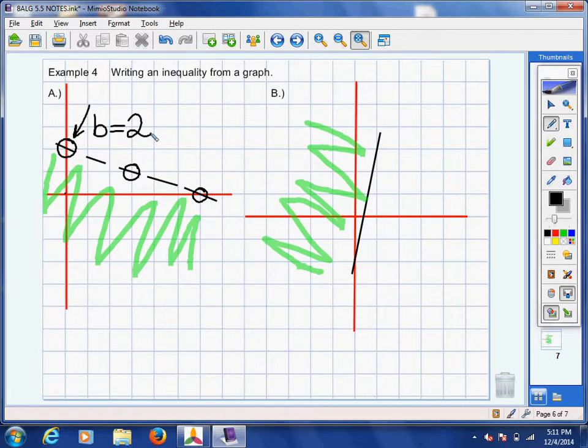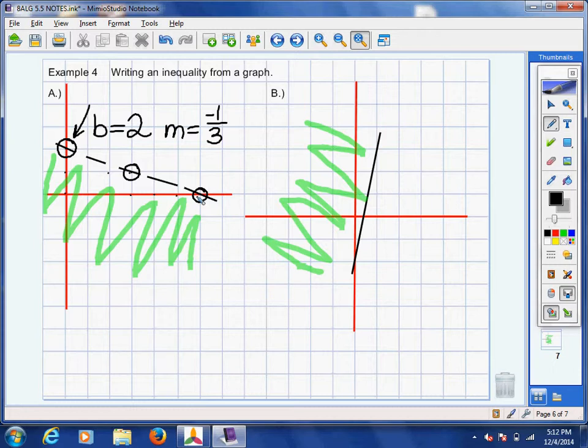Now, the other thing that we need is we need to find the slope, to calculate the slope. Pick any 2 points. You could start here at the 2 on the y and use rise over run. You can go down 1, right 3. So I went down 1, right 3. Or you can start here and go down 1, right 3 to get to that lower one there.